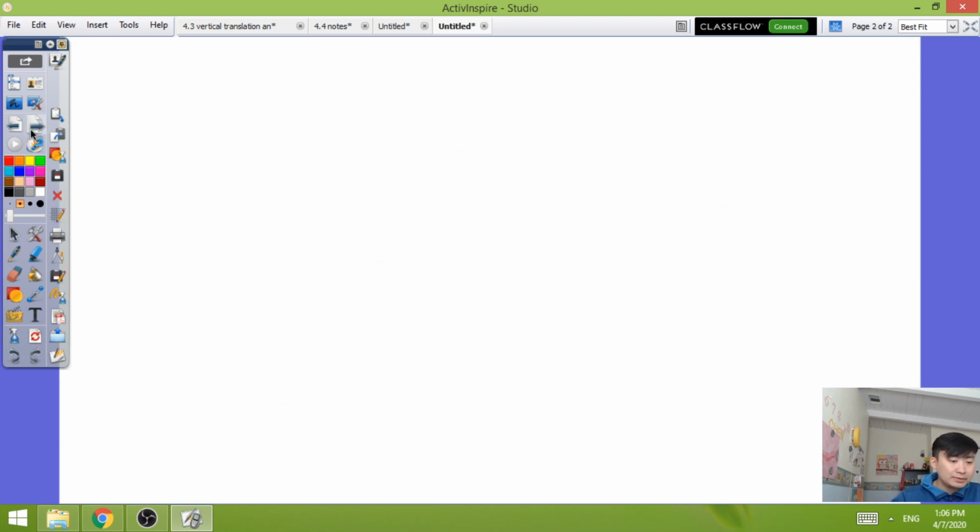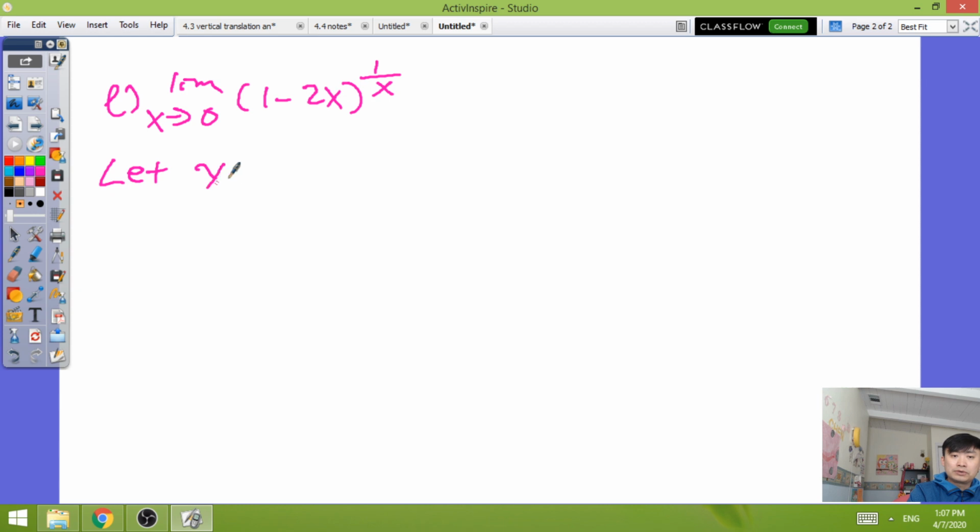So we got k done. So the next one is L. So the limit as x approaches 0 of (1 minus 2x) to the power of 1 over x. Okay, anytime you see a variable with a power like this, that means you want to separate the function. So you can just set y equals (1 minus 2x) to the power of 1 over x.